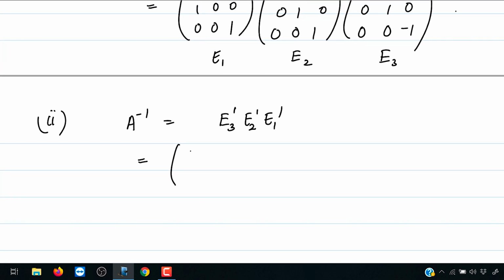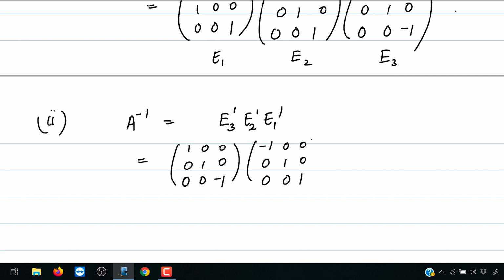E3 prime was 1 0 0, 0 1 0, 0 0 minus 1. E2 prime was minus 1 0 0, 0 1 0, 0 0 1. And how about E1 prime? E1 prime was the one which exchanges the first and the second row. So this is going to be exactly this.